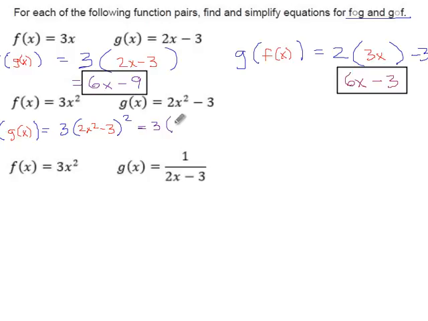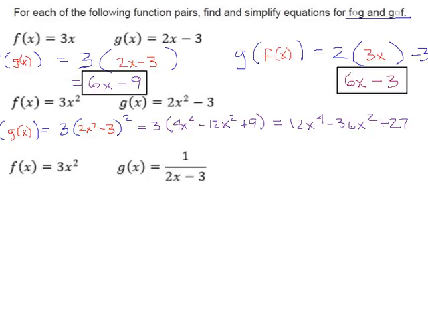You have to do 2x squared minus 3 times itself, which is going to give you 4x to the 4th minus 12x squared plus 9. I'm foiling that, as you probably realized. I'm just doing it quickly to try to save some room. And then when we triple all this, we get 12x to the 4th minus 36x squared plus 27. That's f of g of x.